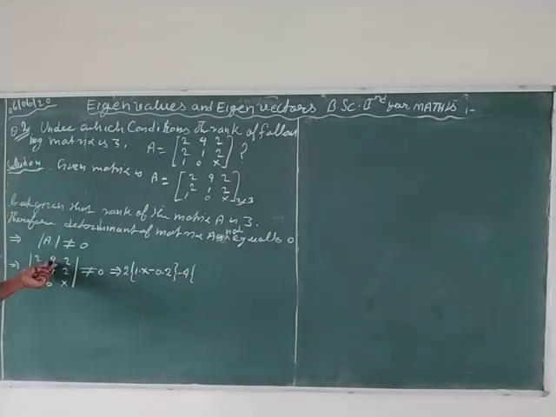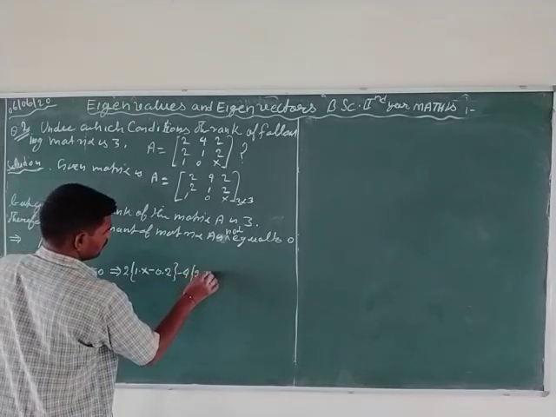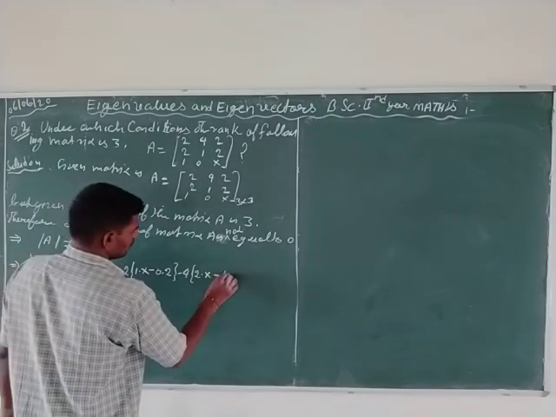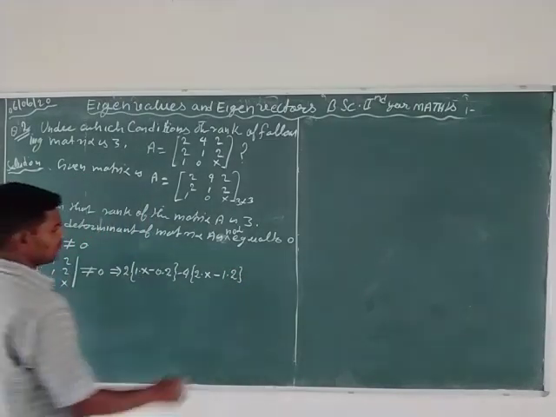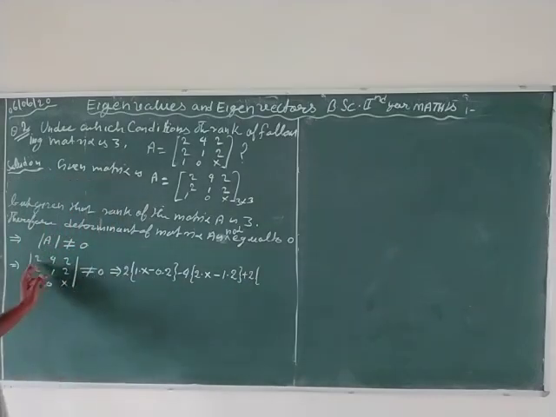taking minus 4, eliminate second column and first row. So multiply 2 with x, 2 into x minus 1 into 2, plus 2 at the last, third column and first row, since the signs are plus, minus, plus.